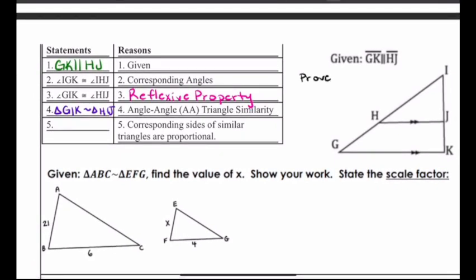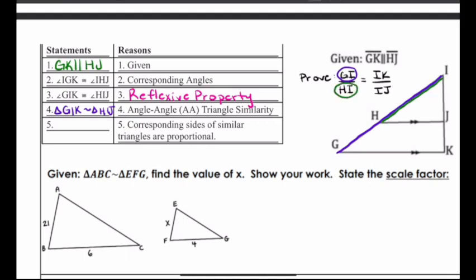we were trying to prove that GI over HI was equal to IK over IJ. Okay. So GI is this long side right here, that's GI. HI is this green side right over here, okay?